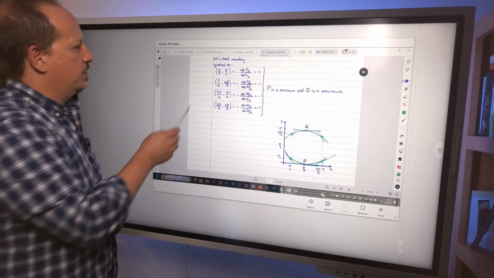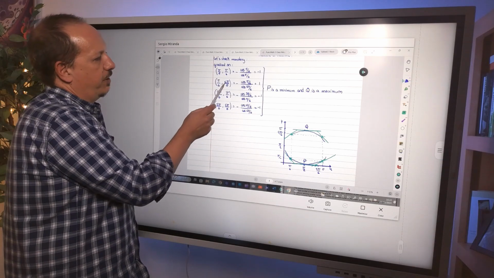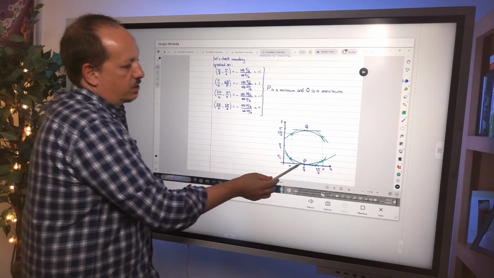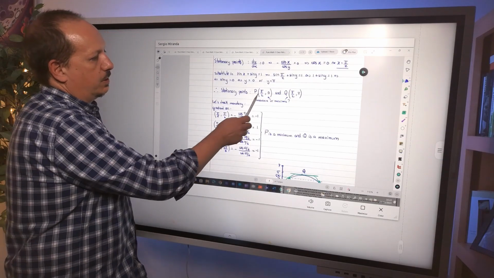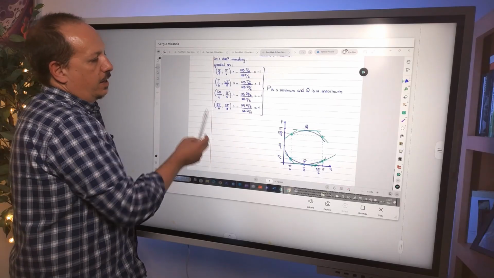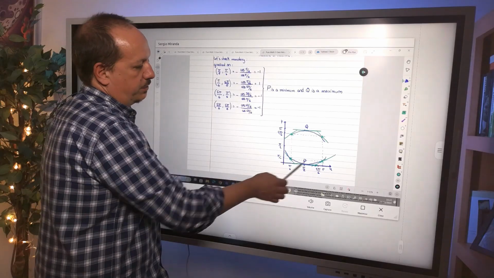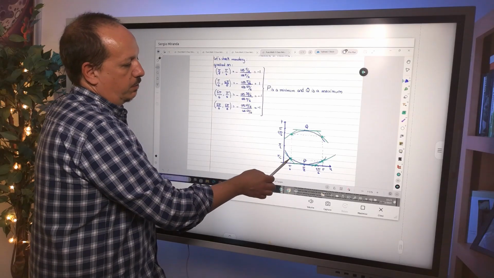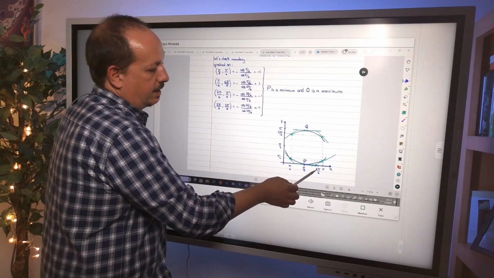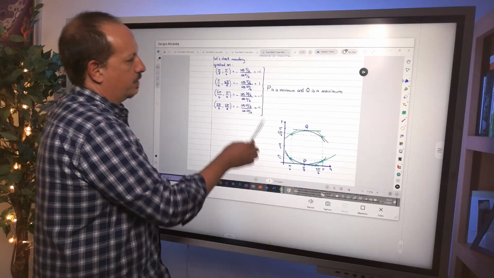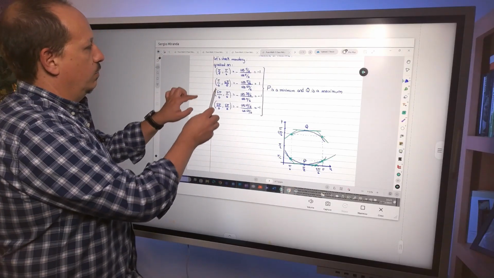If you look at it, you just have pi over 6 and 5 pi over 6. So for the point P, P was (pi over 2, 0). I can check the monotony of 2 points, one before and one after. This will be (pi over 6, pi over 6) and (5 pi over 6, pi over 6). All right? So what do I do?